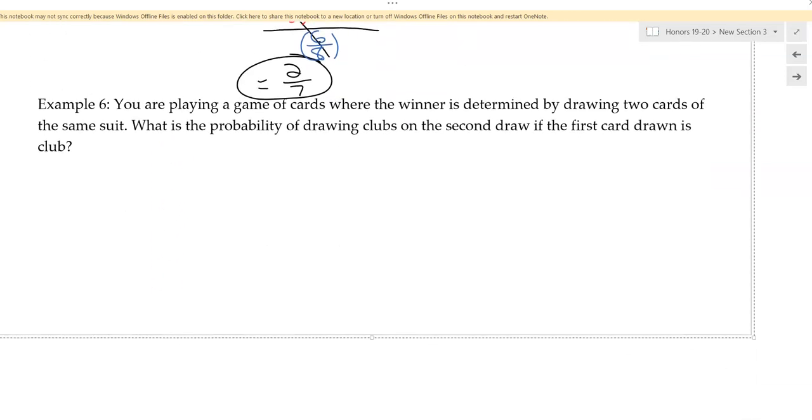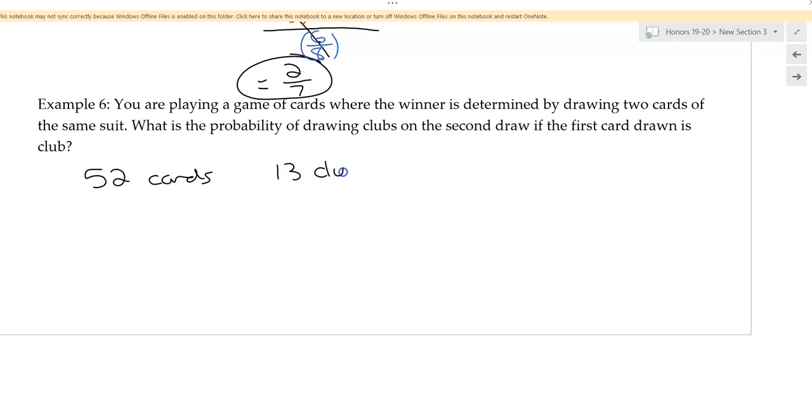So if I look at number 6, you're playing a game of cards where the winner is determined by drawing 2 cards of the same suit. What is the probability of drawing clubs on the second draw if the first card drawn is a club? Okay. So I have my 52 cards total, right? I drew a club. So I originally had 13 clubs.